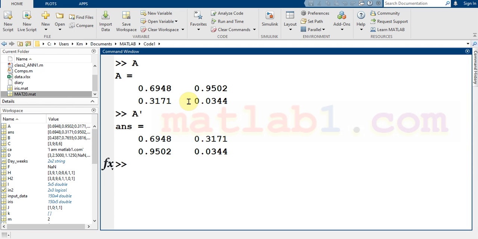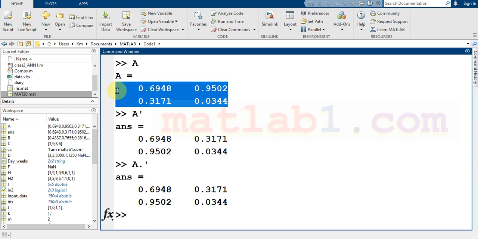But there is also a command in MATLAB, dot transpose. What's the difference between dot transpose and transpose? The result for a double array is the same.